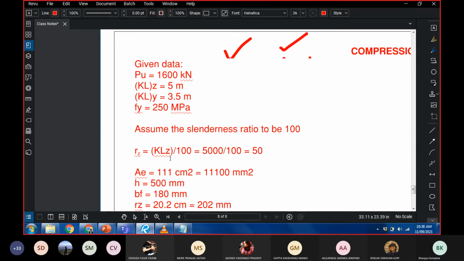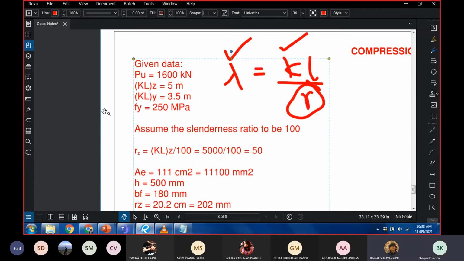What is the unit of r? Listen to what r means. r is the radius of gyration.